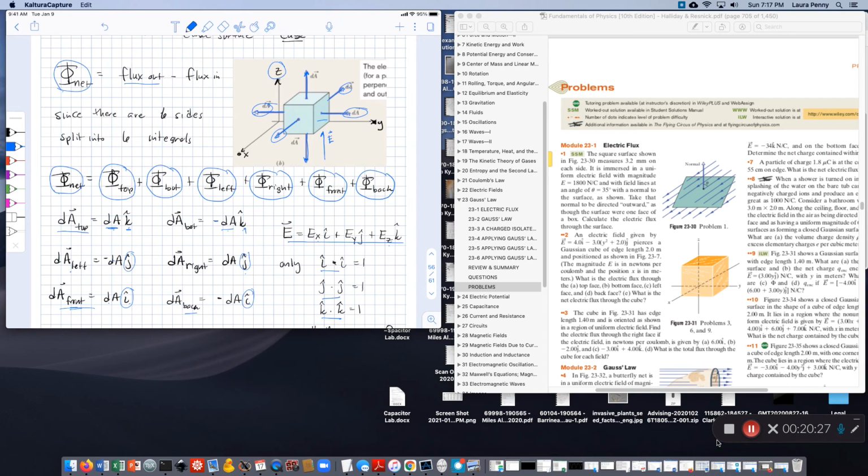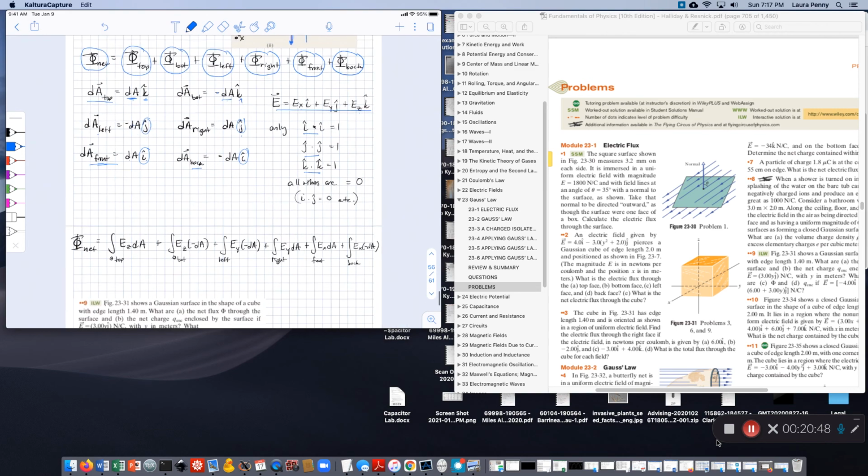The only flux is actually moving up through the bottom and then out the top, right? The flux on the front and back and left and right is 0 if you have an electric field moving straight up and down here. So that's another way of thinking about it in a very physical way.